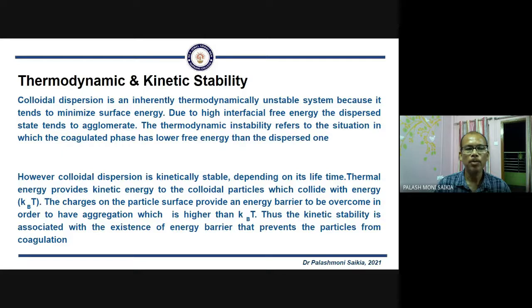So they are constantly moving because of thermal energy, the kBT. But since they have charges on the particle surface, they provide an energy barrier, an activation energy, which has to be overcome if they want to go to the aggregated state. If they want to coagulate, they have to overcome this energy barrier.